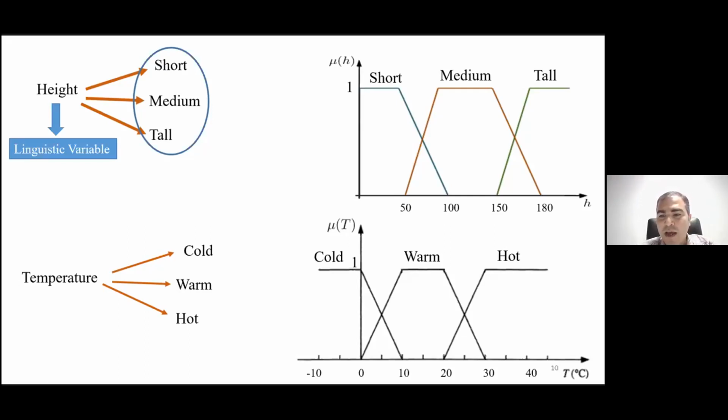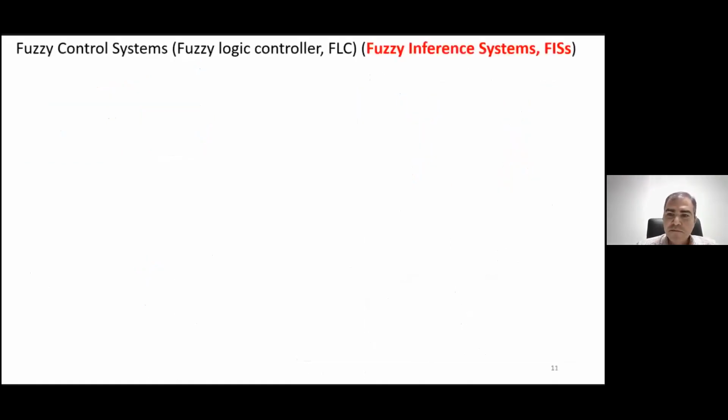For example, height is a linguistic variable, some of whose values are short, medium, tall, while hot, warm, cold exemplify the values of the linguistic variable temperature. Since the concepts of a fuzzy set and a linguistic variable are very important, I recall them briefly here.